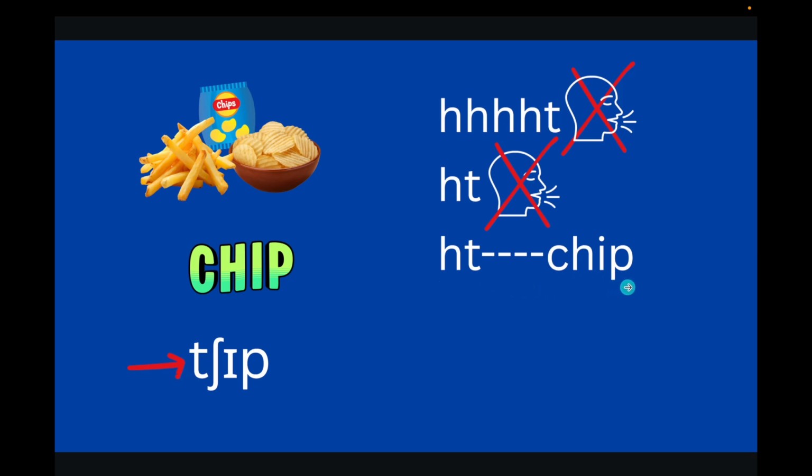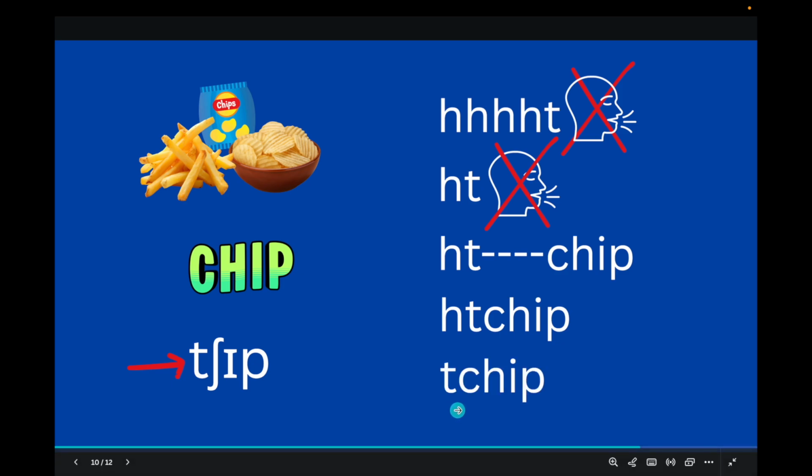Chip. In this area, I am kind of holding my breath with my tongue in that beginning T position. Eventually you can do it faster and faster. Chip, chip, chip. And then when you're ready, you can remove the H and just say chip.